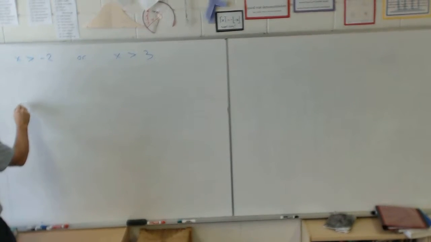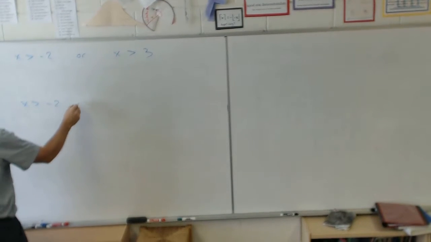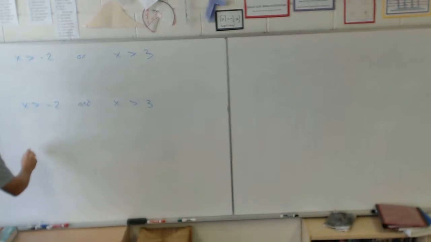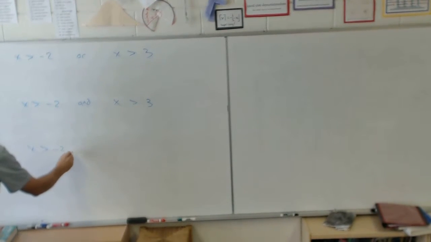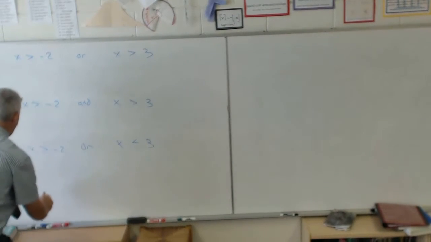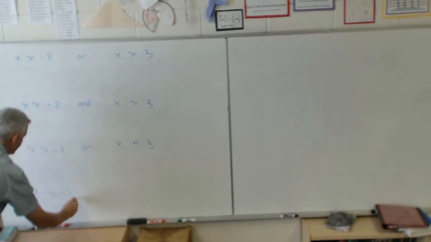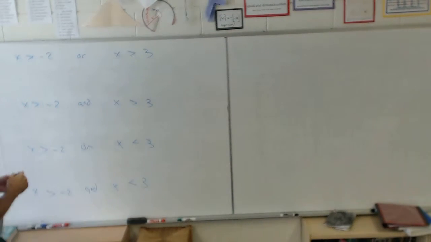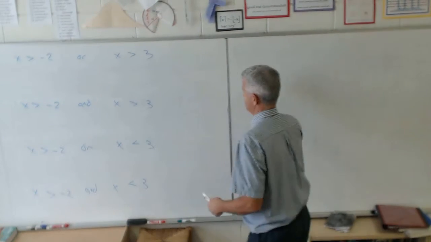Okay, 4 problems. X is greater than -2, and x is greater than 3. Now I'm going to go with x is greater than -2, or x is less than 3. X is greater than -2, and x is less than 3. Okay, I blew those up real good. Let's go with black.